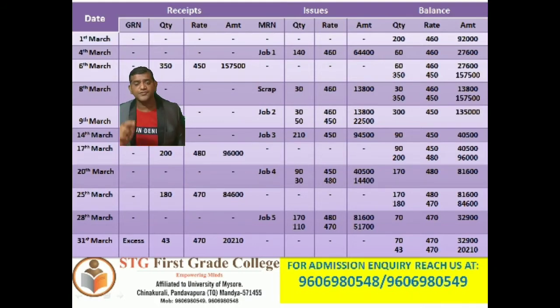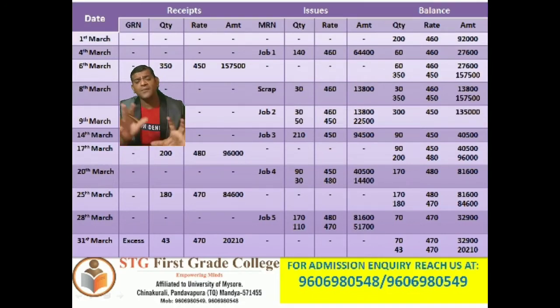So the left out is 110 tons at the rate of 470 rupees. So that comes to 51,700 rupees. So the balance is 70 tons. How? 180 tons minus 110 tons. So the left out is 70 tons at 470 rupees. So the balance comes to 32,900 rupees.